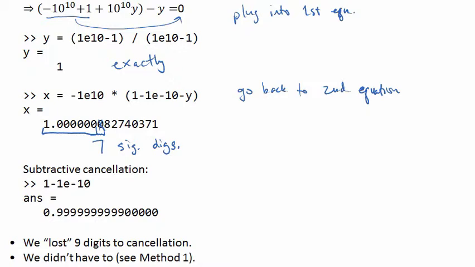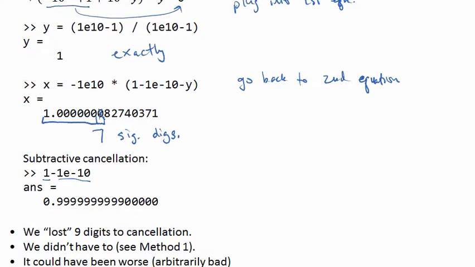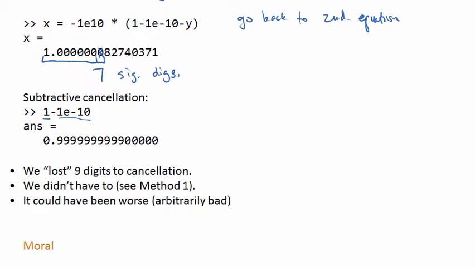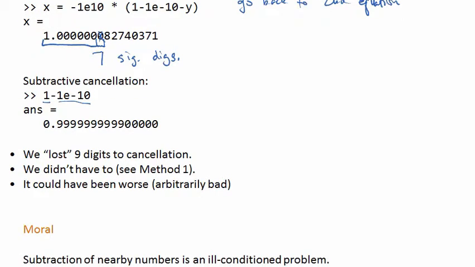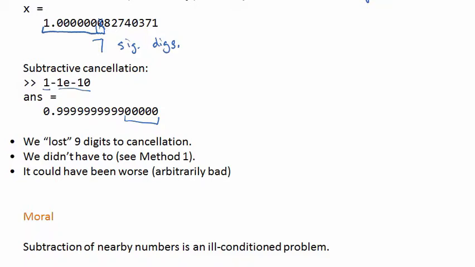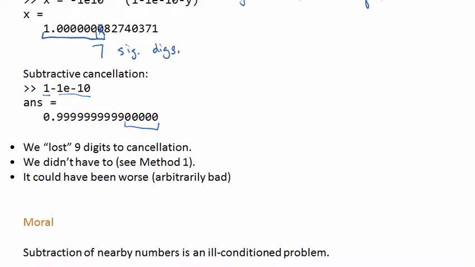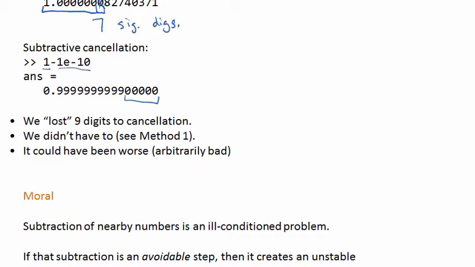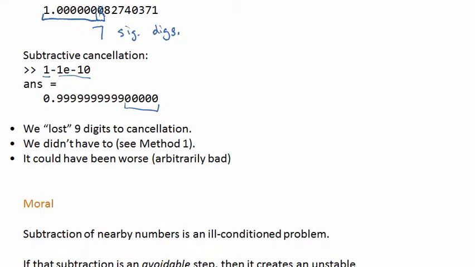When we take a small difference relative to 1, we can't represent the whole thing very accurately, so the result is not accurate all the way out. We're going to lose these digits here. Because of that subtractive cancellation, we lost 9 digits. That's why we have only 7 digits left in the answer.